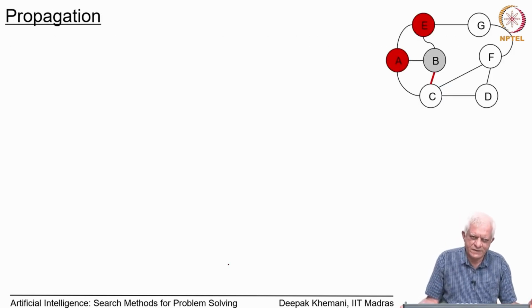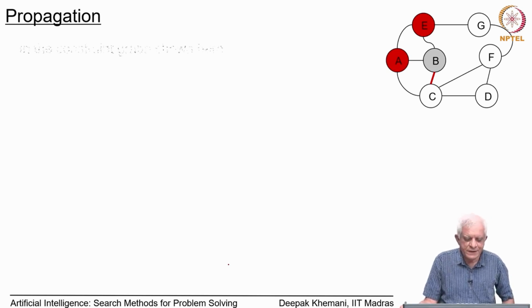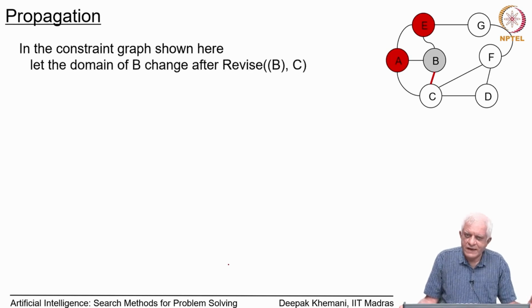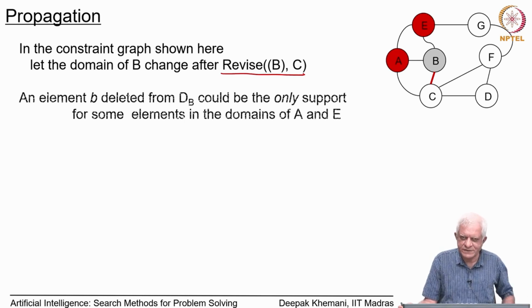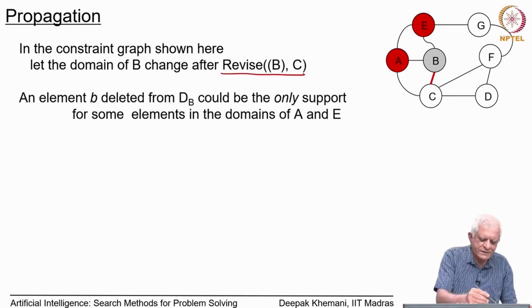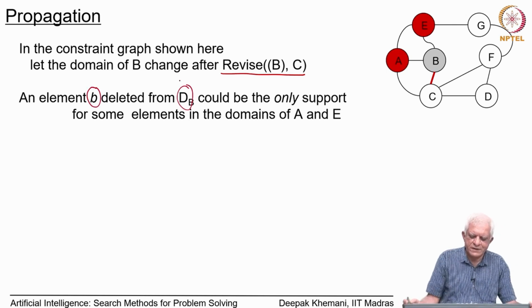We will look at this idea of propagation and look at this map coloring diagram on the right, and what we have is that let us say we have done this operation of revise B with respect to C, and let us say that the domain of B has changed, because you are going to be pruning the domain of B, and let us say that some element b has been deleted from D of B, and if that is the only support for some elements in A and E, as a consequence of deleting this b from the domain of B, those edges will not be R consistent anymore.